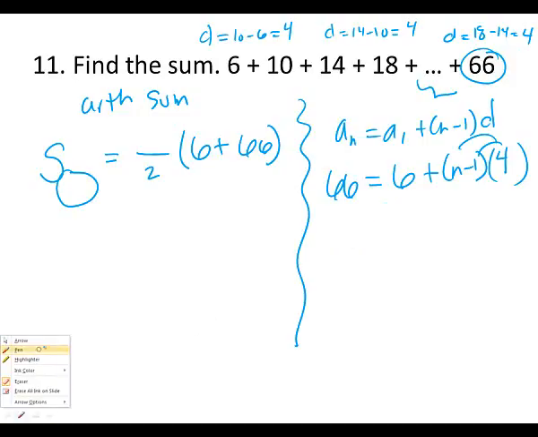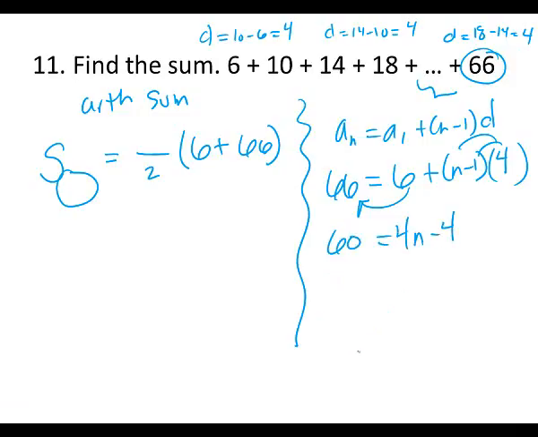Could I move this 6 to the other side? Sure, how do I do that? Subtract. So what's 66 minus 6? 60. And then I'm going to distribute in 4n minus 4. I probably saved myself a line of work by doing that. What are we going to do to move the 4? Add it. What do you get? Equals 4n.